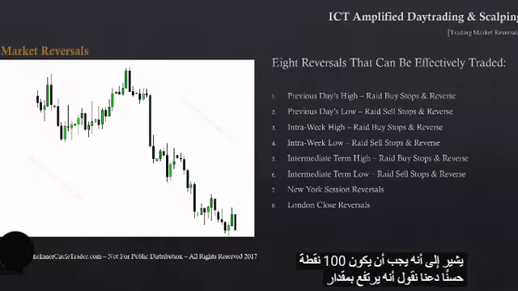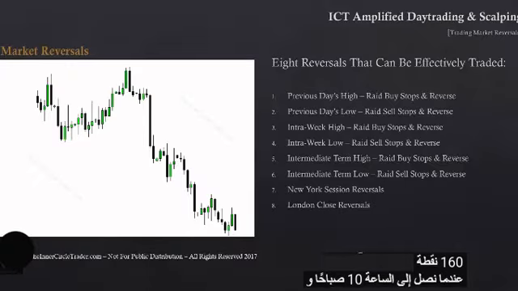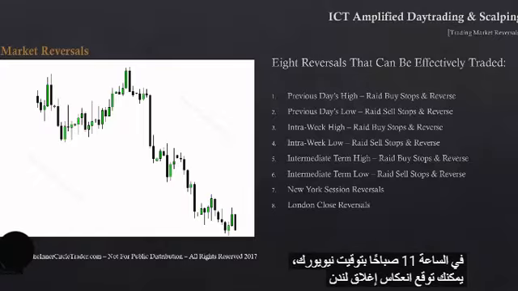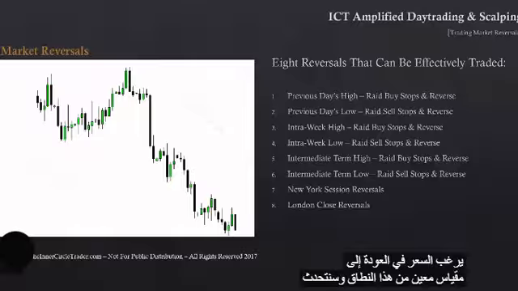Well, let's say it rallies 160 pips. When we get into 10 o'clock and 11 o'clock in the morning, New York time, you can anticipate a London close reversal for the intraday scalp, where price will want to come back a certain measure of that range, and we'll talk about that later on.